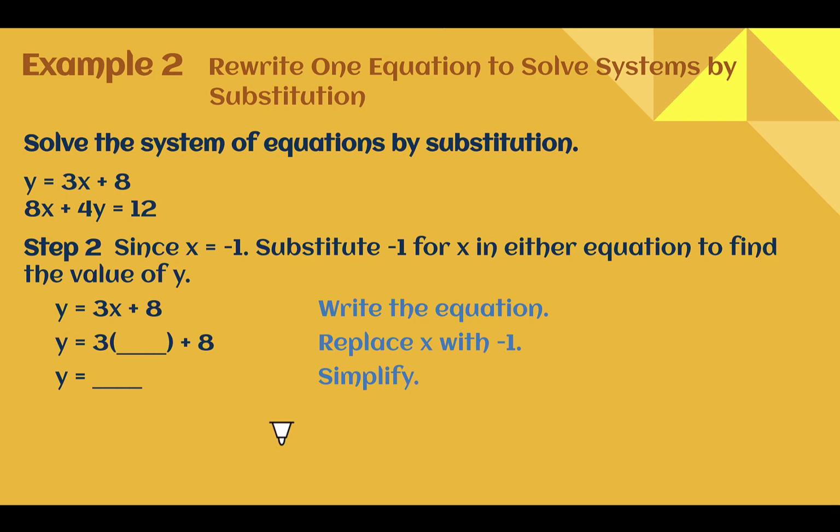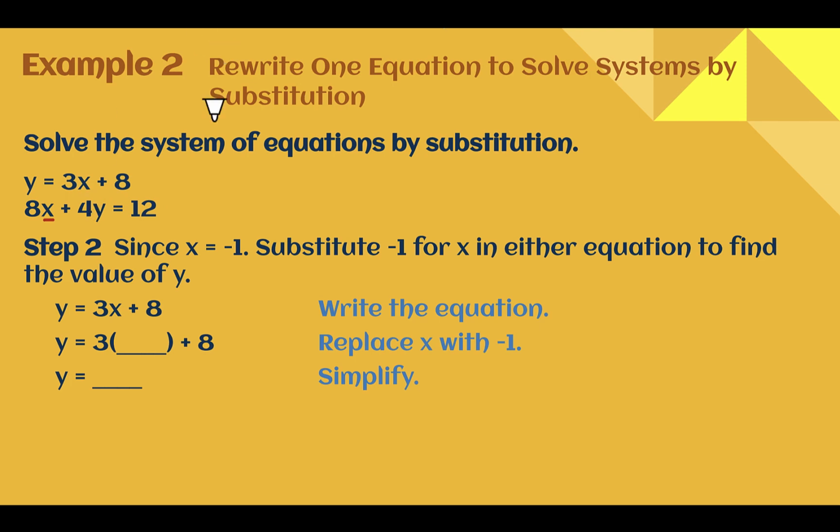Just like before, once we figured out one variable, we need to replace that in to either equation. Here's another place where it's going to be useful to see how your equations are written. Since we solved for x, if I plug in x in the second one here, I would get negative 8, but then I have to go through and add and then divide and so on.